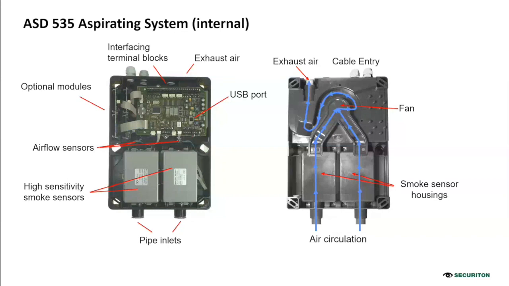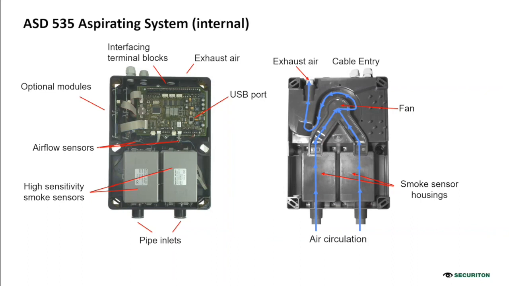So here we can see the detector inside. In this specific case it is an ASD 535. As you can see here, we have the pipe inlets. In this case we have two pipes because we have two detectors inside. These are the detectors.